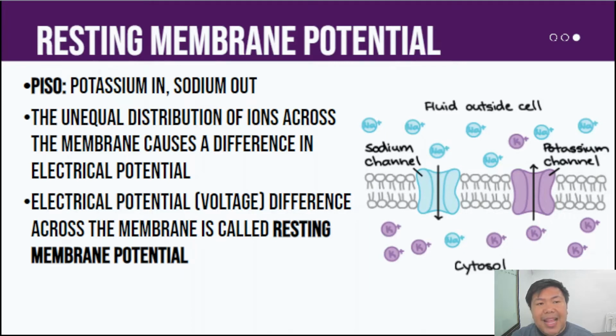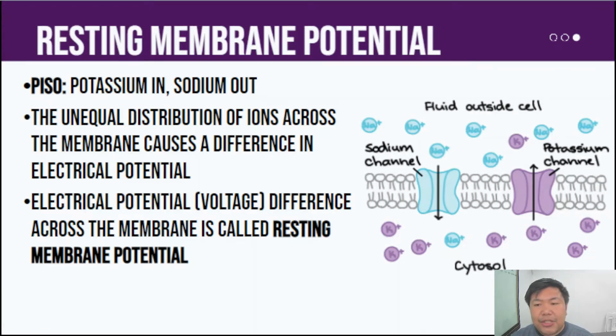Now, this plasma membrane makes sure that there are ions inside and ions outside the cell. In normal situations, potassium is inside the cell while sodium is outside of the cell. To better understand that, I gave here a mnemonic, PISO: potassium in, sodium out.